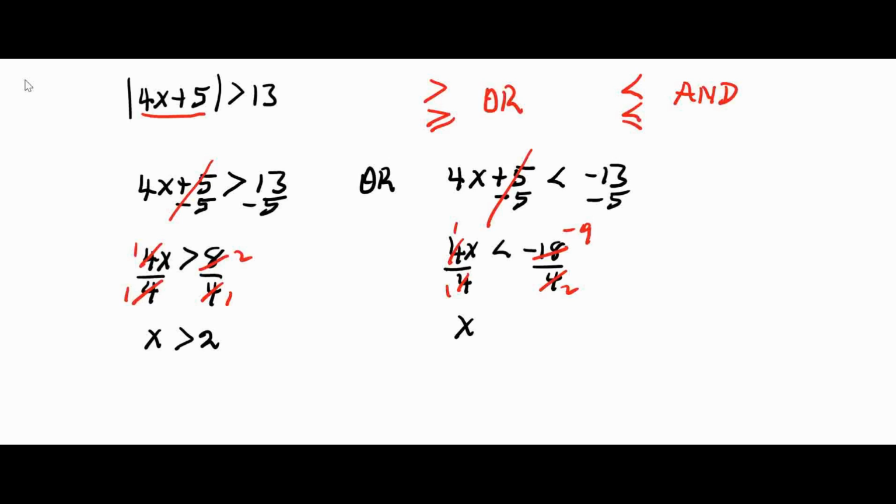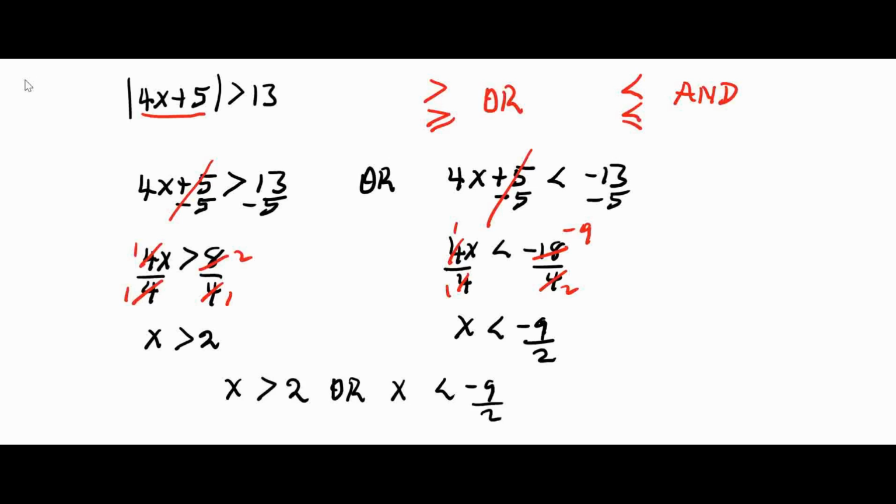Therefore, x is less than negative 9 over 2. So finally, x is greater than 2, or x is less than negative 9 over 2. So this is the solution to this question, and I hope it makes some sense.